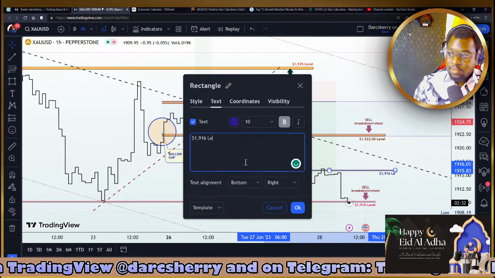We place this at the top right hand side of our screen. Then I want to be looking out for a breakout retest of the structure to start considering buying the XAU-USD today. So if a breakout of the $1,916 level happens at any point in time today, then we could start considering buying the XAU-USD. But I doubt if that will happen anyway. If it does happen, we want to be on standby to catch that move. That's the only way we can start considering buying the XAU-USD today.